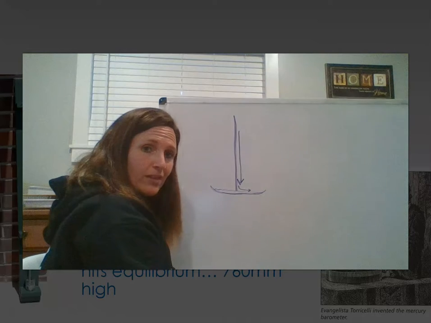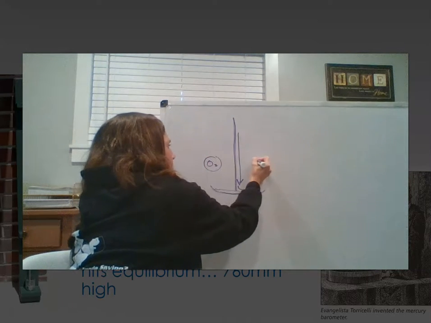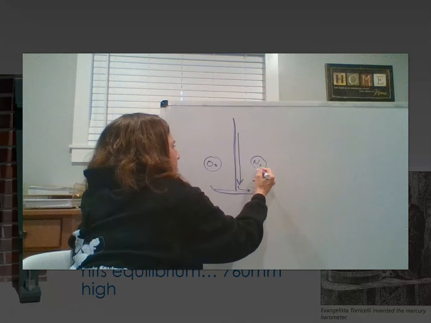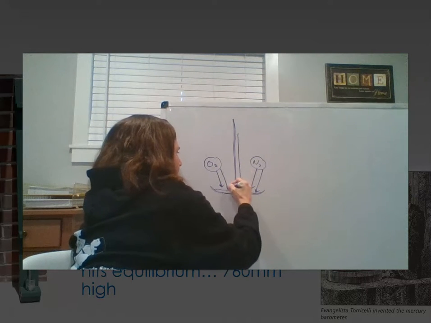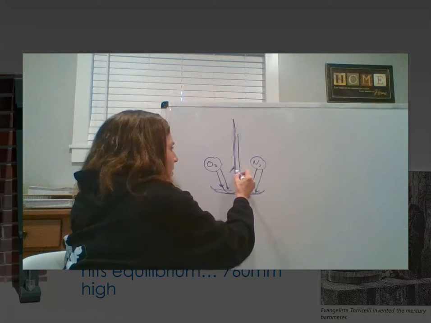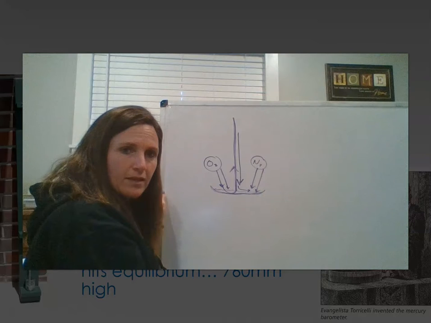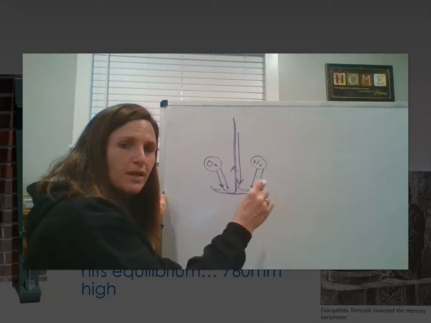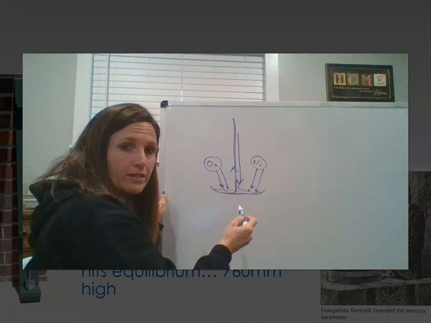But the atmosphere is all around it. And so we have our oxygen gas and our nitrogen gas, and they are pushing against the mercury. They're pushing the mercury back up into the tube. And so we hit this balance, the pressure from the atmosphere pushing the mercury up and the gravity pulling the mercury down.